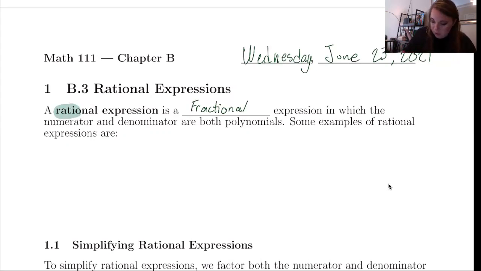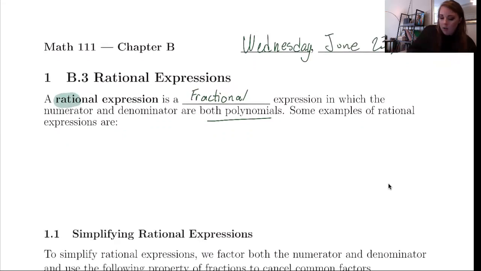So where the numerator and denominator are both polynomials. Some examples are like 4x plus 7 over 3x, x plus 1 over x plus 2.